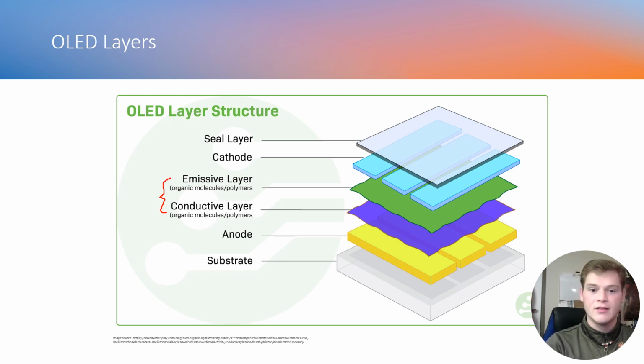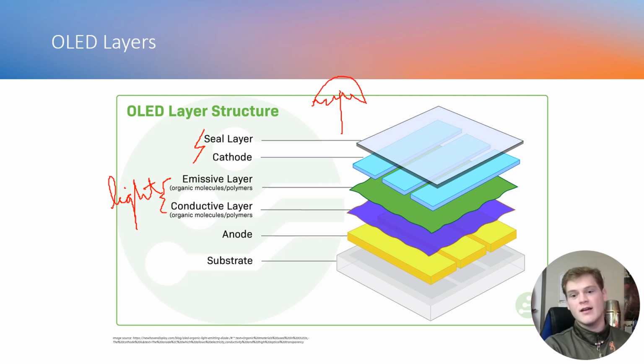They help produce the light involved with the organic LED. Then we have our cathode, which supplies our electricity as a whole, and our seal layer acts as an umbrella. It keeps the water and other elements out of the organic LED, so that we don't have to worry about it getting damaged or destroyed while it's being used.